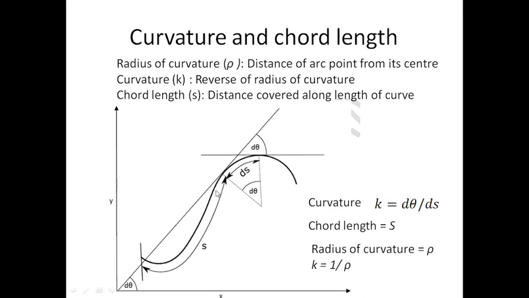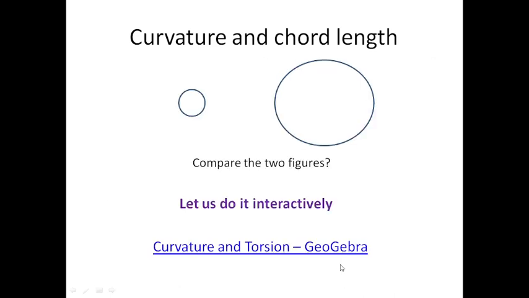So the curvature of low radius circles will be high, and the curvature of high radius circles will be low. Chord length is simply the distance traveled, and radius of curvature rho is equal to 1 by k. Radius of curvature is rho, and k is 1 by rho. So these are the three properties that we want to discuss.